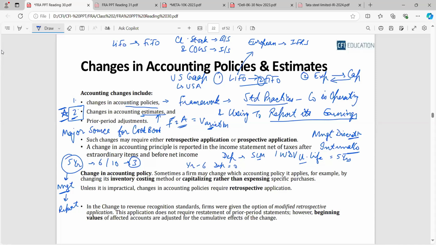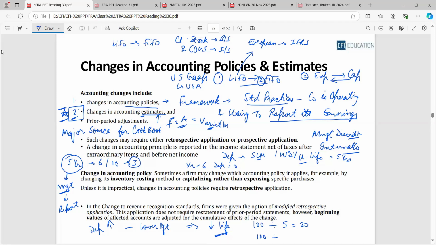If they want to report a very high depreciation, in order to lower their profits, what they will be doing is decreasing the useful life of the asset. What effect would it have? Each and every year's depreciation would be too high. Let's say if it is 100 divided by 5 years, it was actually coming as 20.